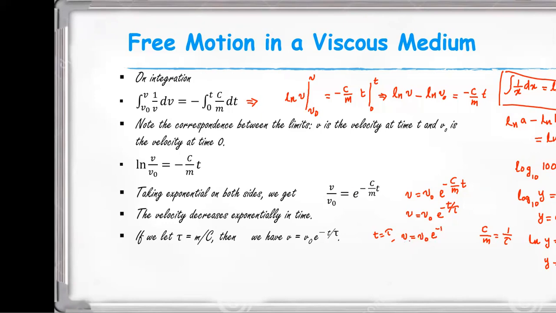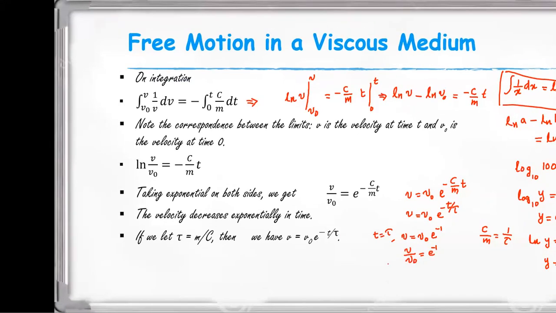From this expression, we can say that v is equal to v0 into e raised to minus 1, or the instantaneous velocity is equal to e raised to minus 1 times the initial velocity, or the ratio v by v0 is equal to e raised to minus 1.